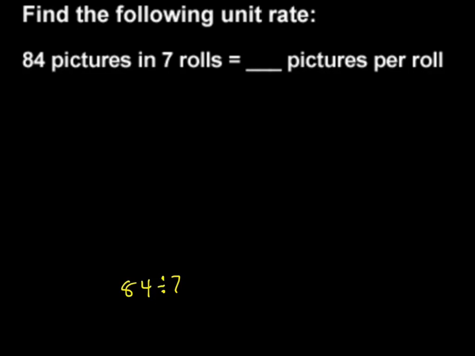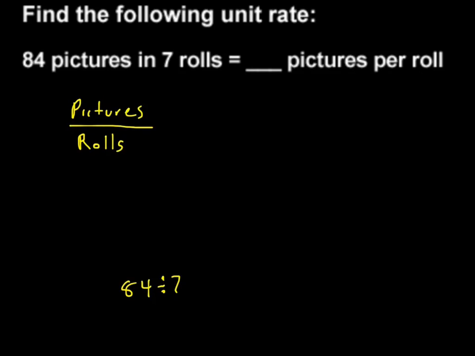But it's important that you don't do that, because in this unit we're going to be setting up ratios. And this is a very important skill, writing pictures over rolls and then setting it up, because it's not always going to be this simple. These are the easy problems. They get much harder.